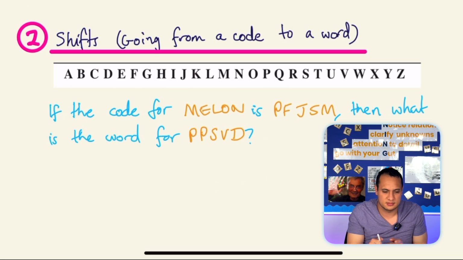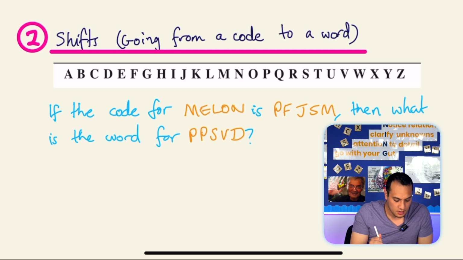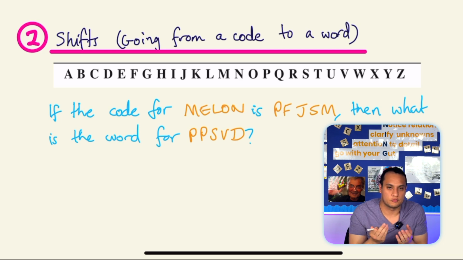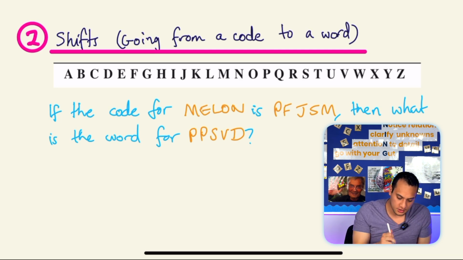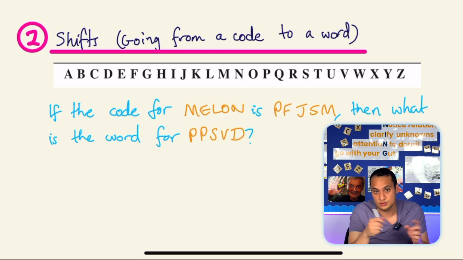Now, this sort of takes up the difficulty a bit. When you go from a code to a word, you've kind of got to reverse each of the shifts. So once we establish what the pattern is and what shifts we're doing from melon to PFJSM, we've got to reverse any of the shifts that we do to go from the code to the word.